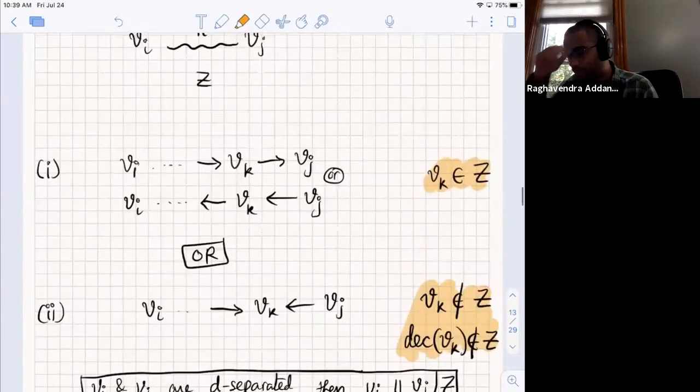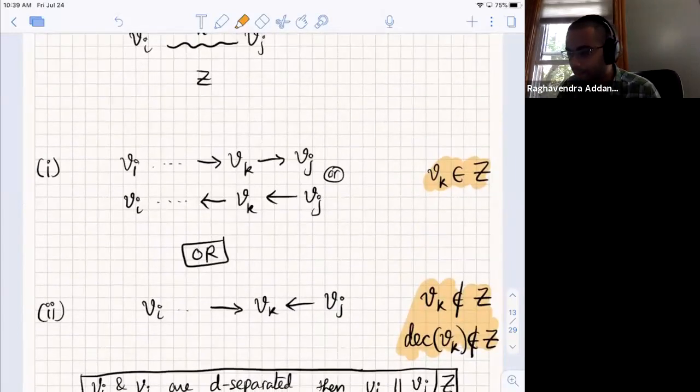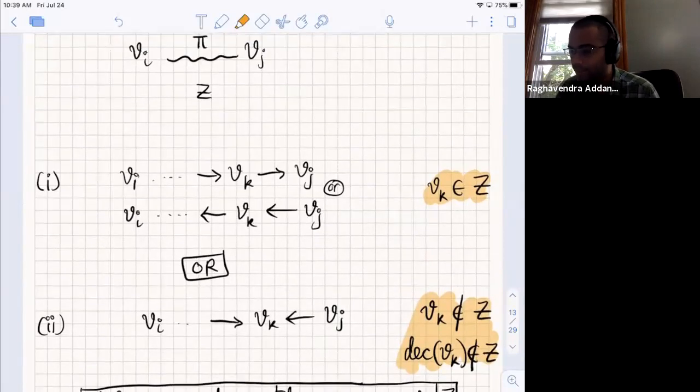So the first rule is as follows. Suppose the path contains Vk, which has at most exactly 1 incoming arrow. Even this is true.